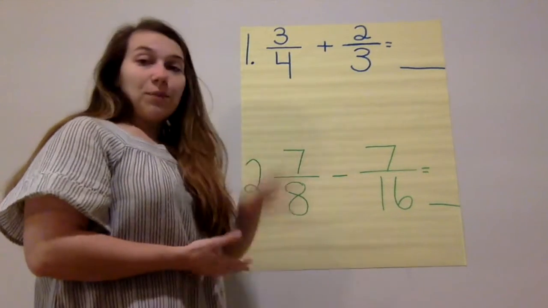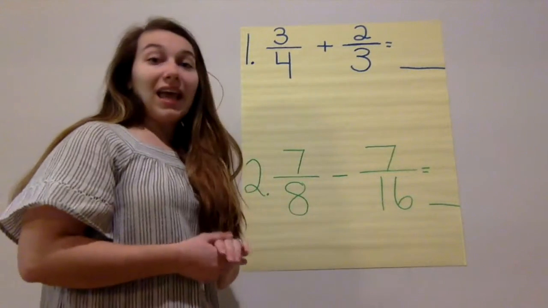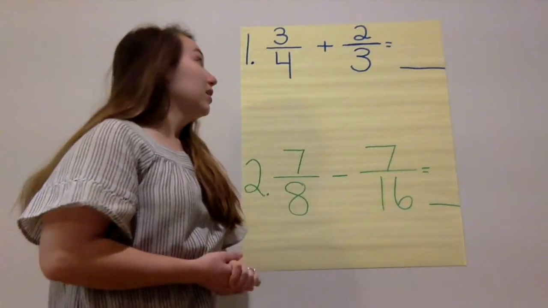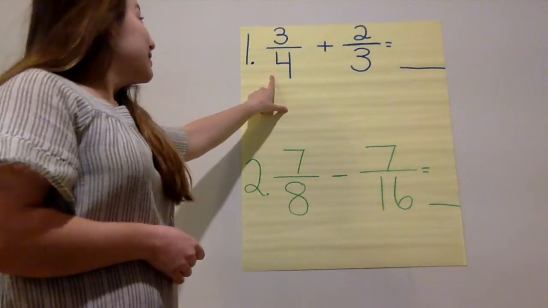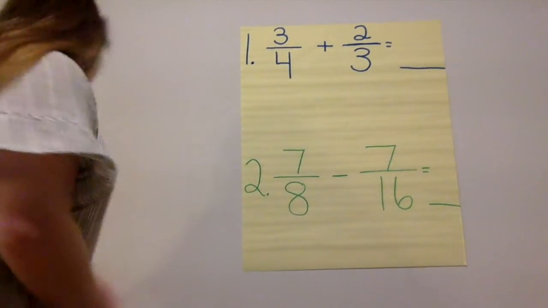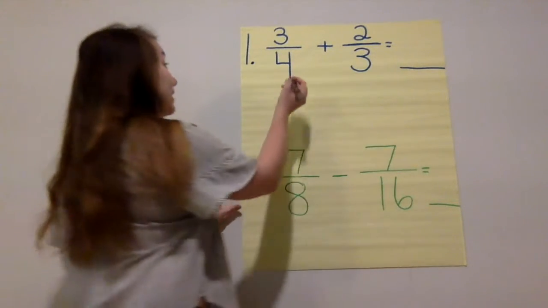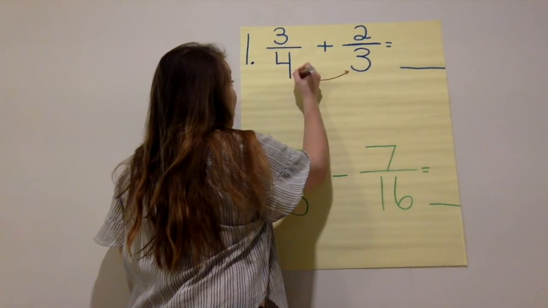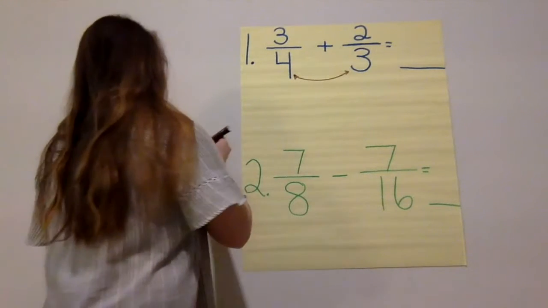So on this first problem, I'm going to once again walk you through how we can multiply by the opposite denominator to get equal denominators. So make sure you write this down. Question number 1, 3/4 plus 2/3. And now we know that we need to multiply by the opposite denominator. All right. So I'm going to take 3/4 and start with that number.